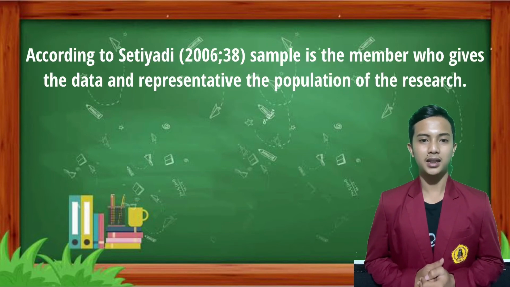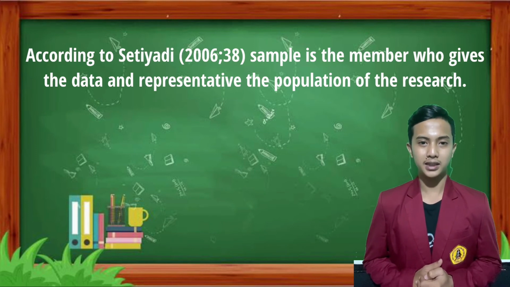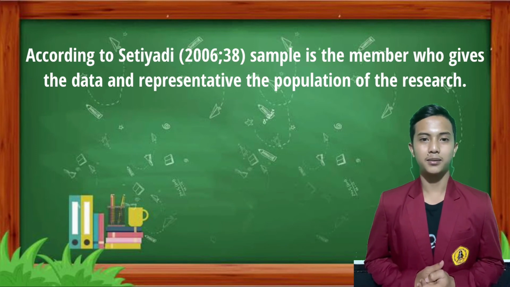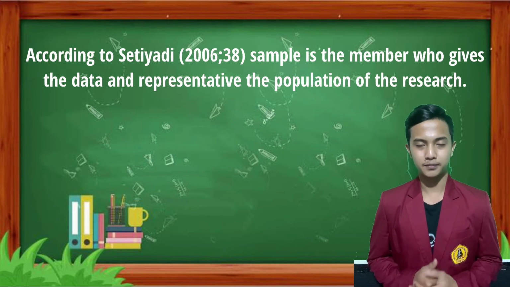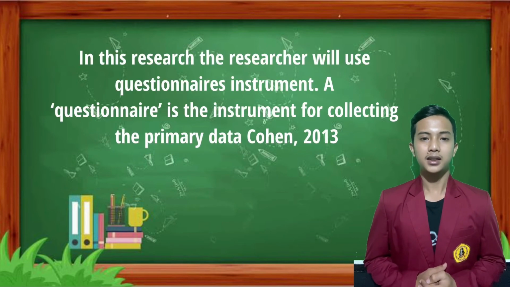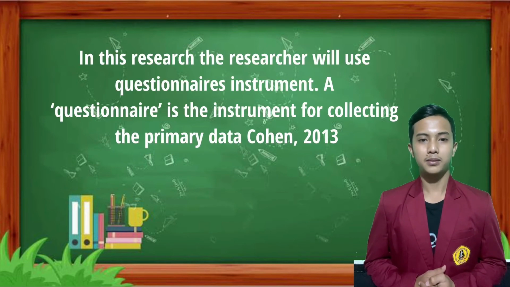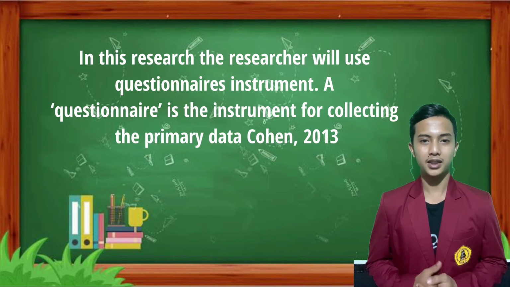According to Setiadi 2006, a sample is the member who gives the data and represents the population of the research. 3. Research instrument. In this research, the researcher will use a questionnaire instrument.